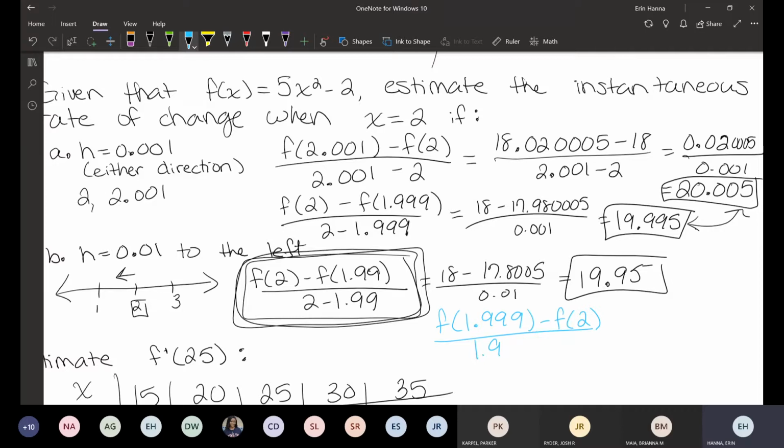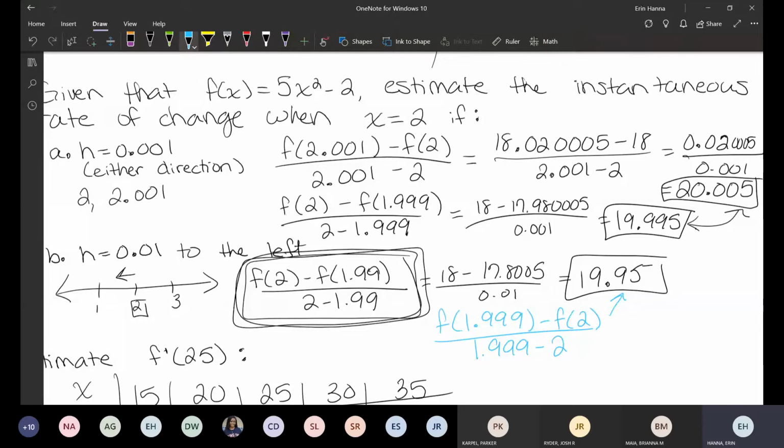Oh, it's lagging. There we go. As long as you keep the same number together, it doesn't matter which one you put first. You'll get the exact same answer once you finish it.